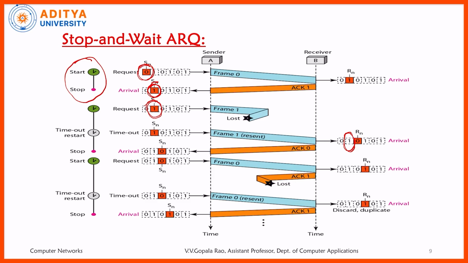So that is the second part. Now we have seen the successful way of conducting step number 1, and the successful way of conducting step number 2: even if the frame is lost, because of the timeout concept you can retransmit the frame that is expected by the receiver.